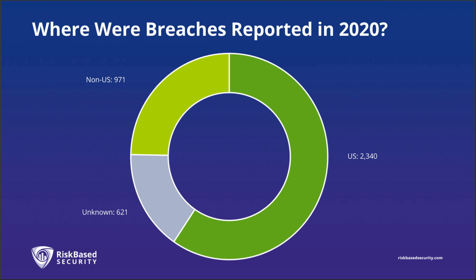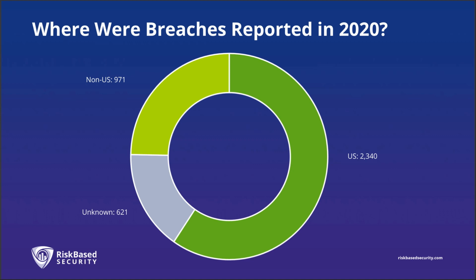And fairly typical, we did see over 2,300 breach events that we catalog for our report being disclosed here in the US, with the balance being split outside of the US and into unknown locations, where either the organization couldn't definitively be identified, or where it took place couldn't definitively be identified.